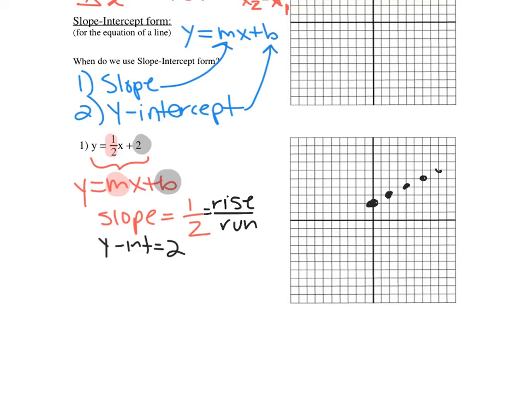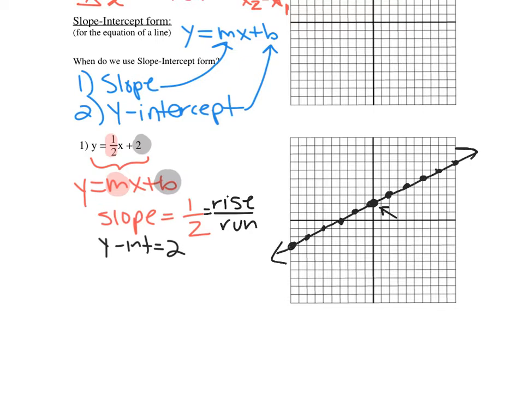And I want you guys to continue this all the way throughout the graph. Because now when we continue from this point right here, we're going to go down 1, left 2, down 1, left 2, etc. all the way till the end. You're going to connect these with a nice straight line.